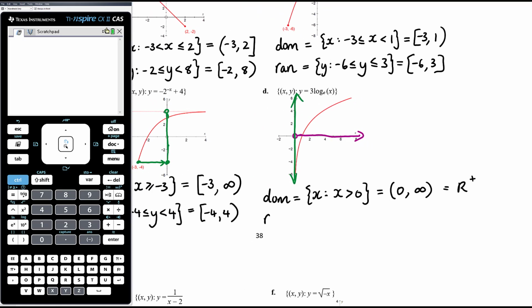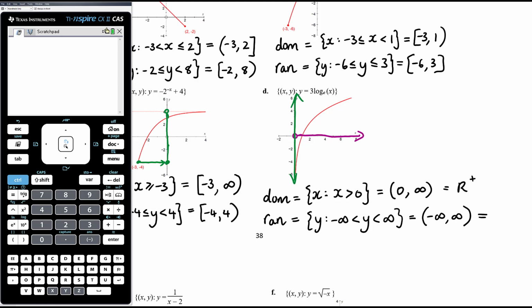Now, the range, okay, we could technically write it a few ways, but we would actually always choose only one way to write this. We could say it's the set of y values where y is between -infinity and positive infinity. We could say that it's the interval from -infinity up to positive infinity.